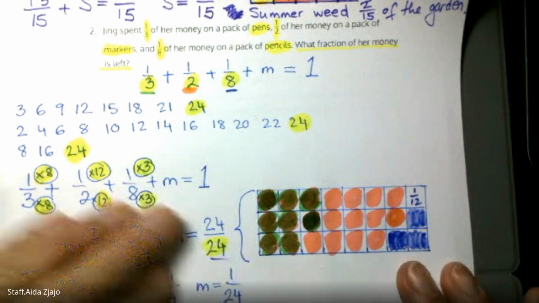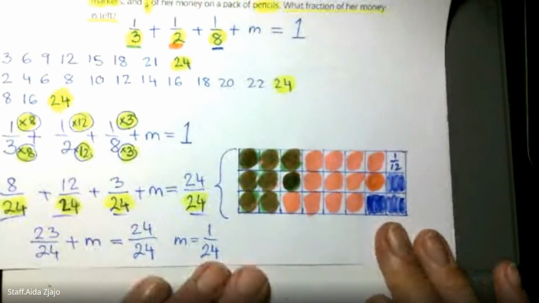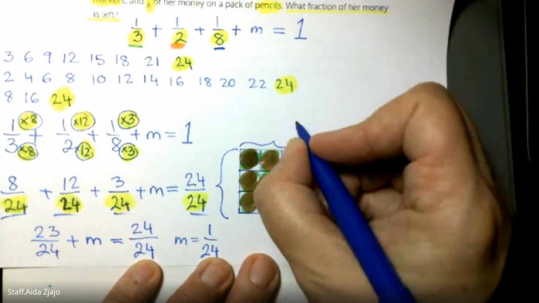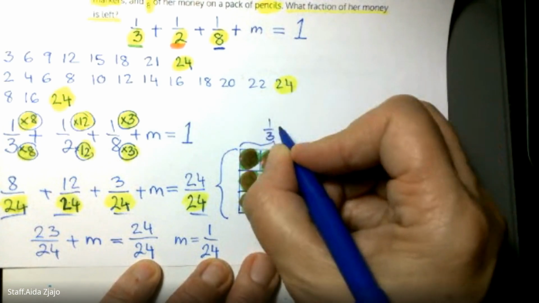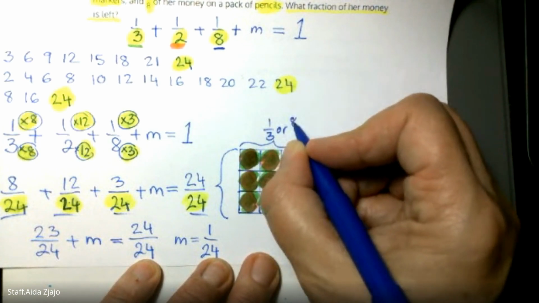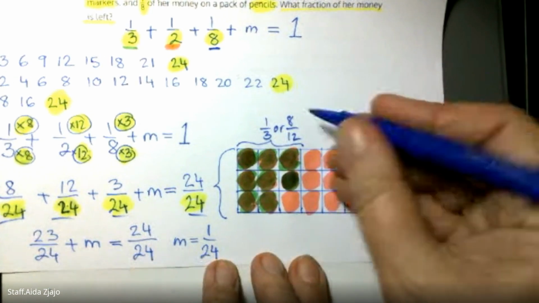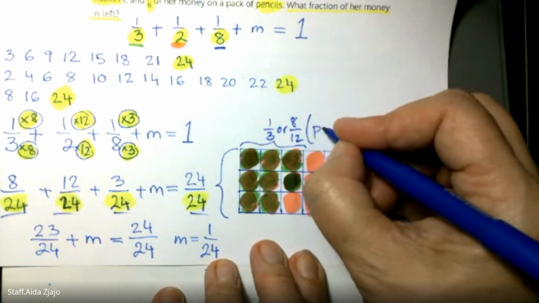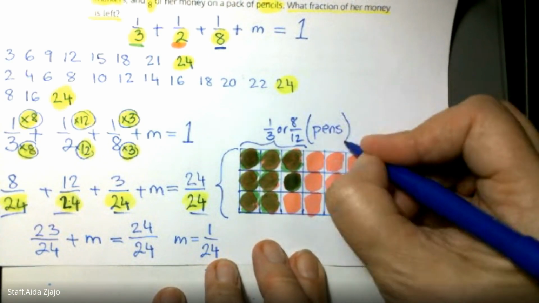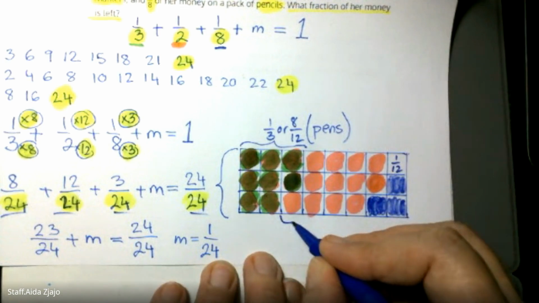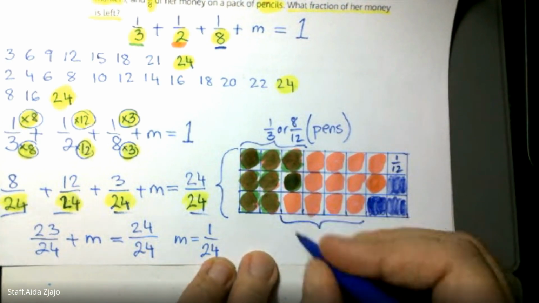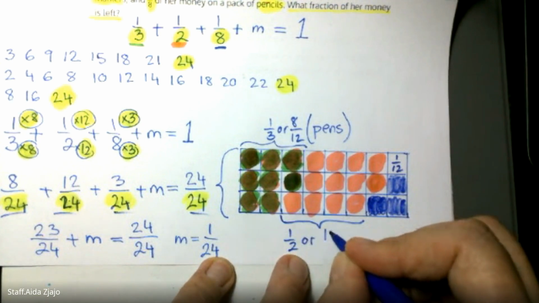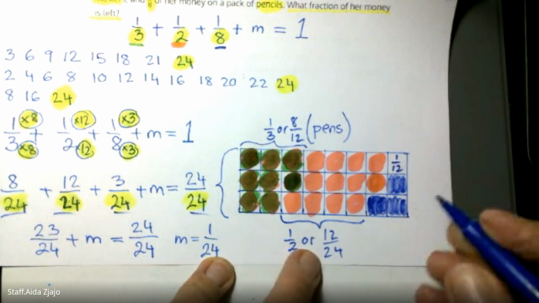So if you think about this, this represents 1/3 or 8/24. That is pens. Okay. This represents 1/2 or 12/24.